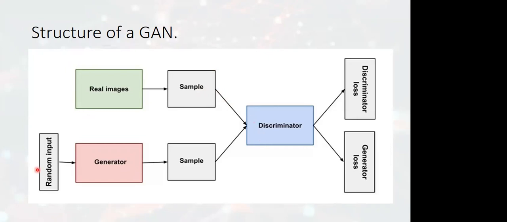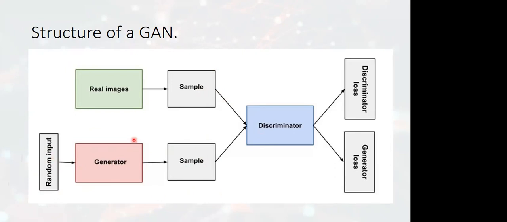On the other hand, we have a random input which is fed into the generator, and the generator produces its own version of the sample. So this generator is taking in a random input and then producing a sample. This part is really important, because this is where the GAN is essentially learning the distribution.